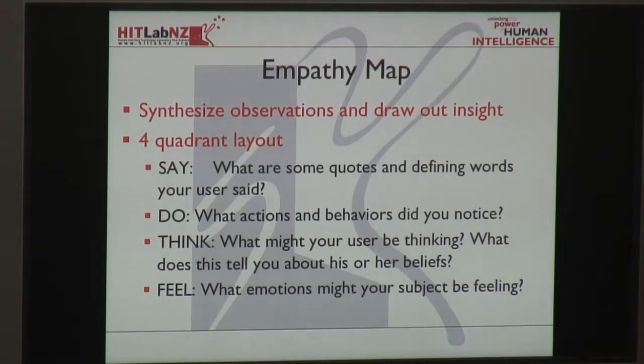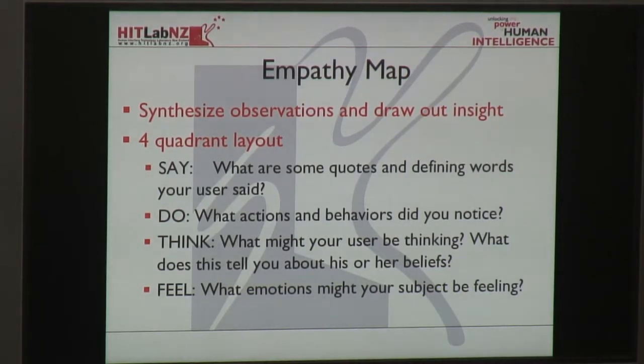In the do quadrant, you put down behaviours that you notice from the user, actions and behaviours. The person might say, oh, my life's really, really super busy and I've got all these things to do. But then when you actually observe their lives, you see that actually they spend half their time sitting around watching TV. So they're saying they're really busy, but they're actually doing something a little bit different.